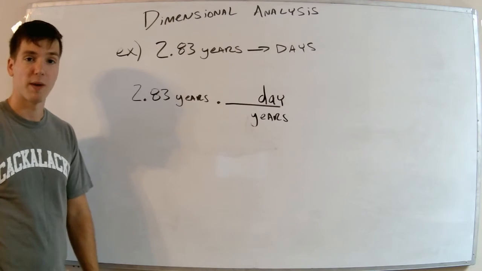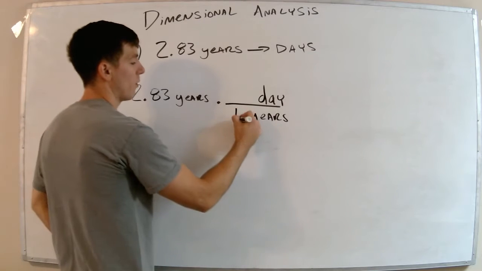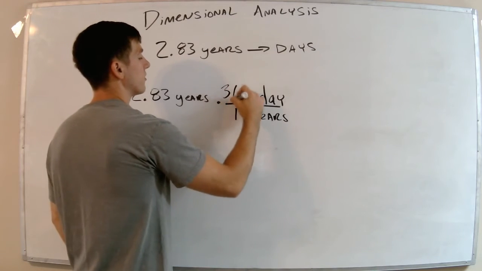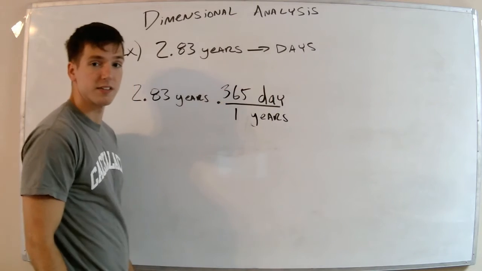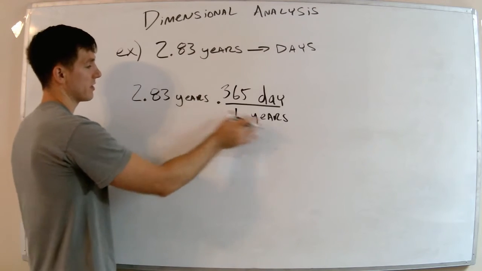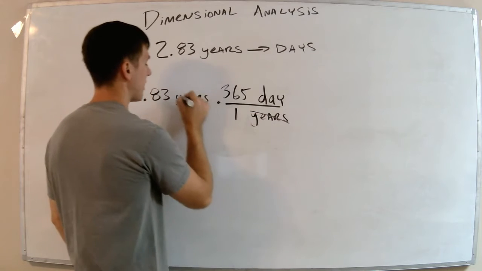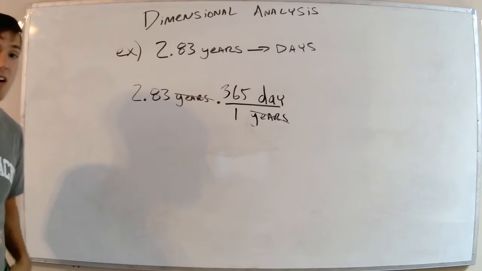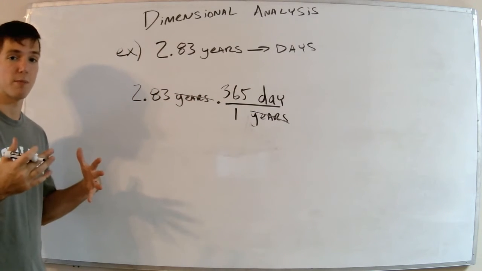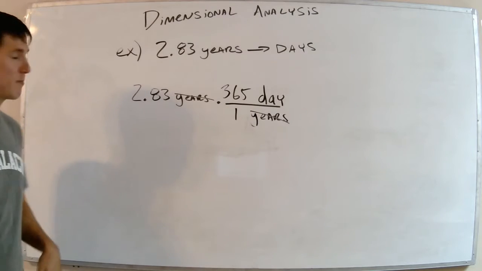So what do I know about years and days? I know that for every 1 year, there's 365 days. Now if I look at this, years on top, years on bottom, those could cancel out.